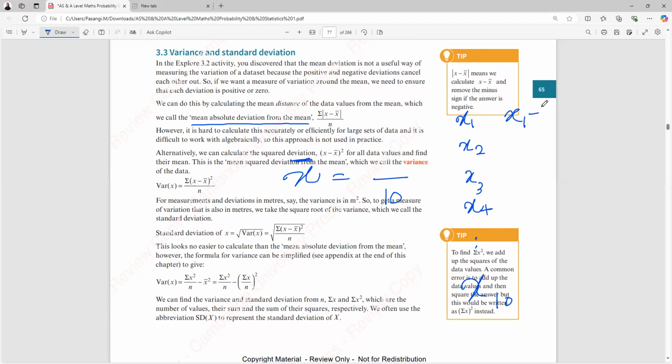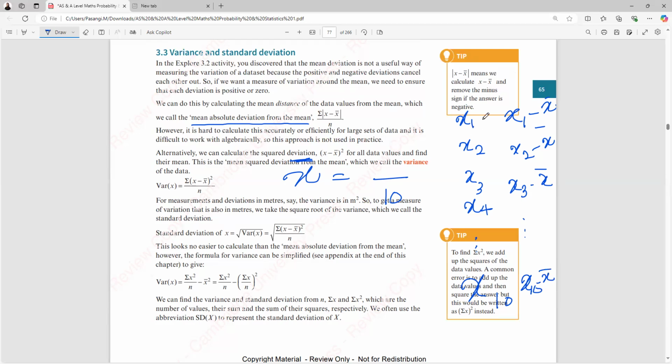That means x1 minus x bar, x2 minus x bar, x3 minus x bar. Even if x bar is larger than that value, we take the positive, up to x10 minus x bar. Anyway, we are taking the absolute value, that means the positive value.